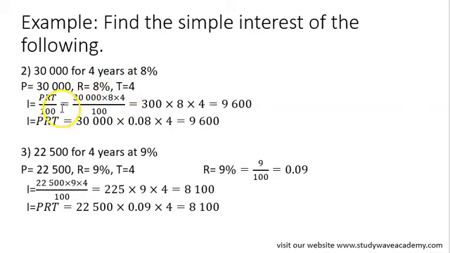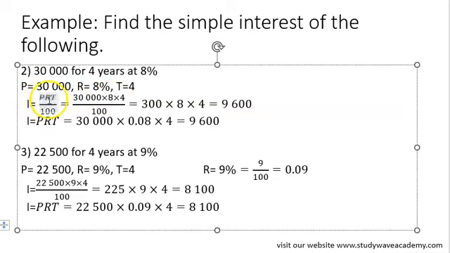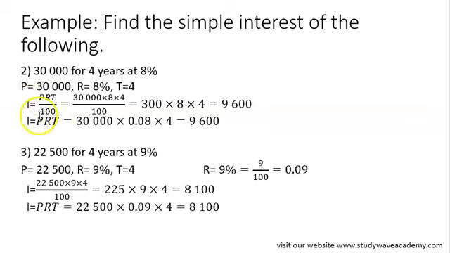We use the fraction method, PRT over 100. So we put in our numbers, 30,000 times 8 times 4 over 100. We do the cancellation method: we cancel 0 with 0, 0 with 0, and write out our remaining work.